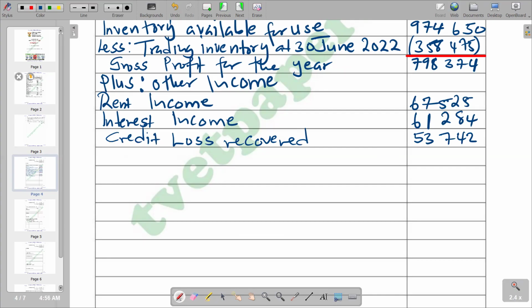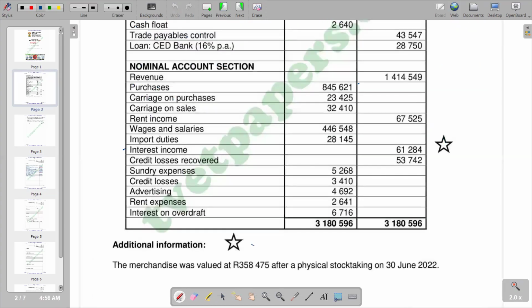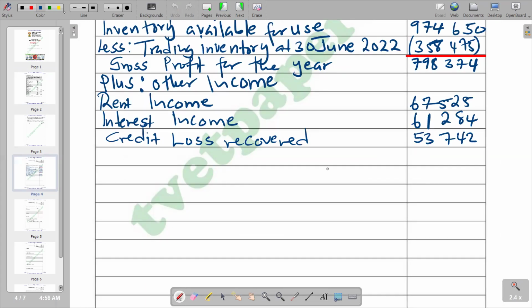Then we check again if we have any other income, and we no longer have any, so we can add to get the total. If you add, you're going to get a total of 182,551.